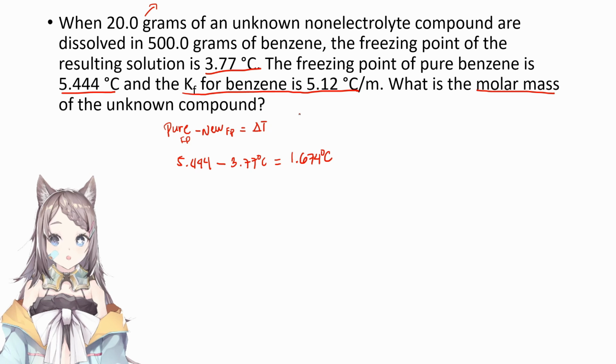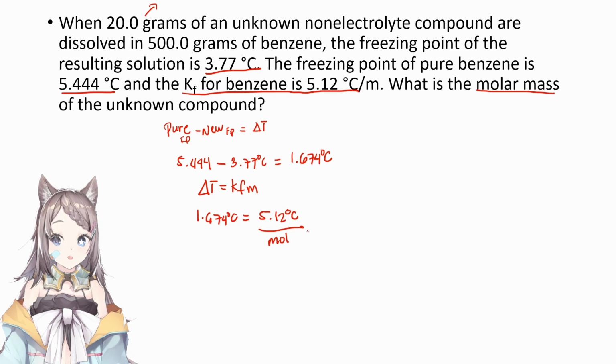Let us plug it into our formula. Freezing point depression equals Kf times m. 1.674 degrees Celsius equals Kf, which is 5.12 degrees Celsius per molal, multiplied by our molality.